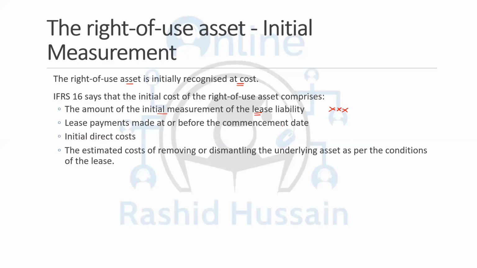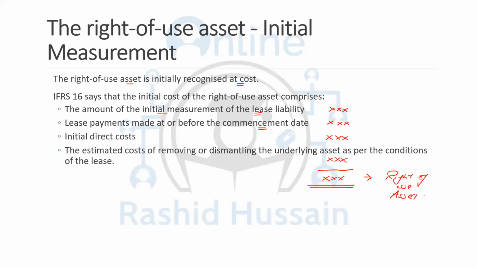Similarly, the lease payments made at or before the commencement date, that simply means the down payments, the advance payment, will form part of the cost as well. Then the initial direct cost, and we know any directly attributable cost to bring the asset into working condition. And then the dismantling cost, if you have any obligation to dismantle the asset by the end of the lease period, then you are going to take that cost as well. So all calculated together will give rise to the right of use asset.